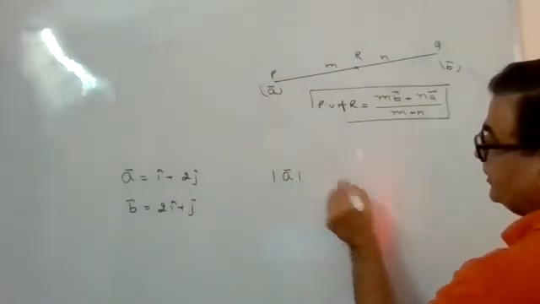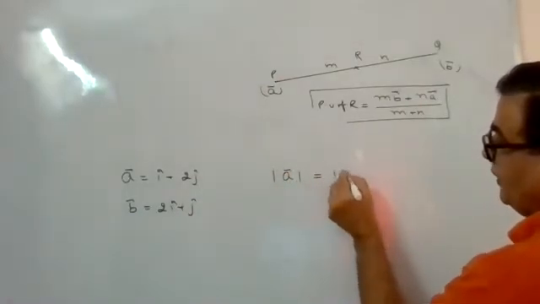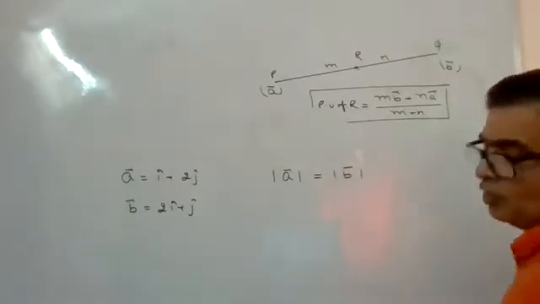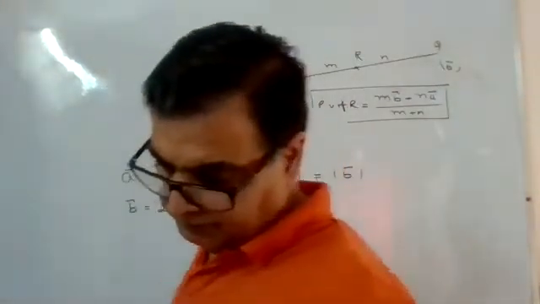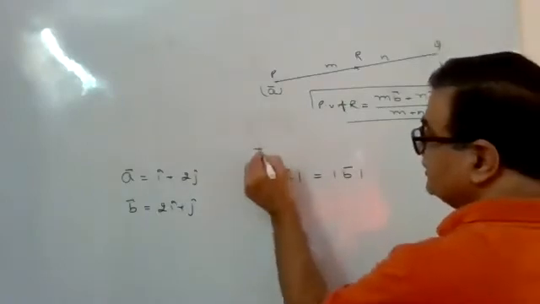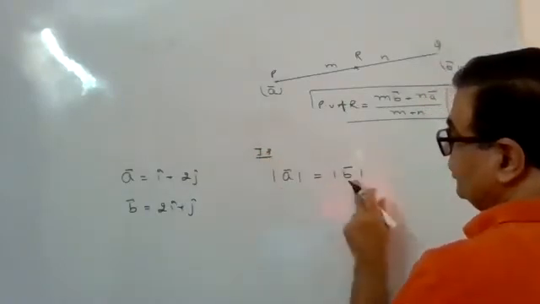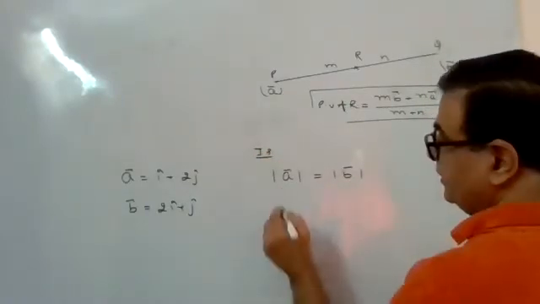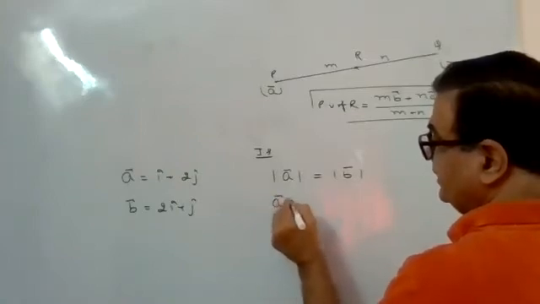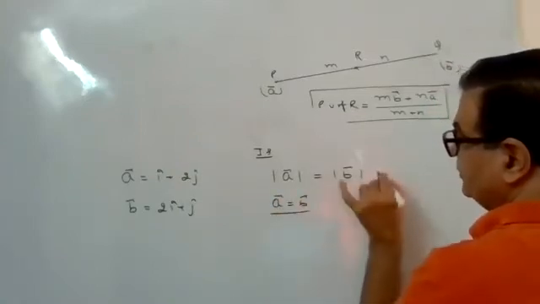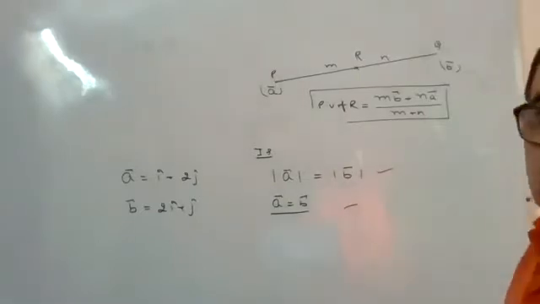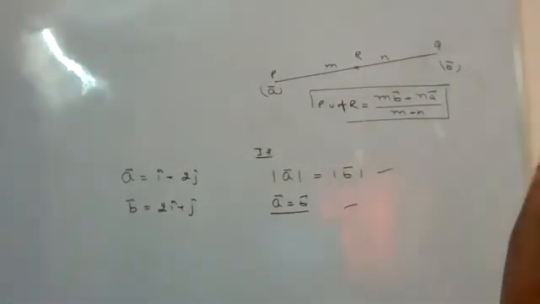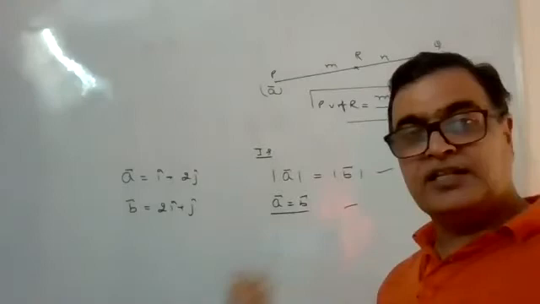The question is, is magnitude of A equal to magnitude of B? This is the question we are asking. And second thing, is A equal to B or not? This you have to check. Two things we have to check: are their magnitudes the same, and are the vectors the same?